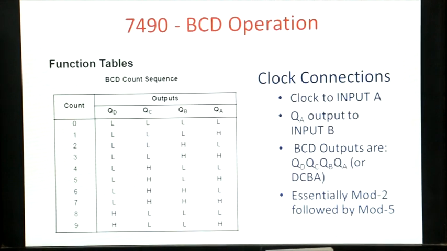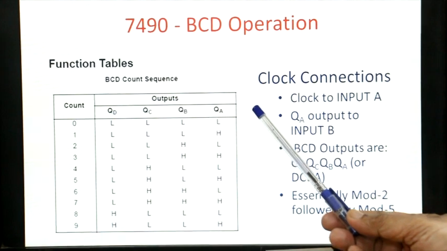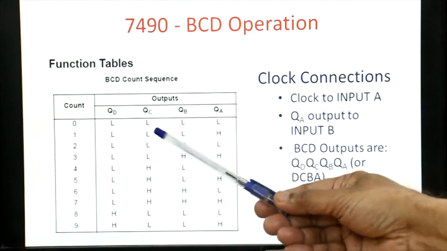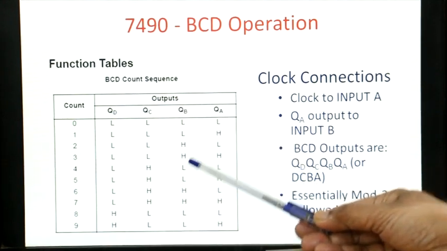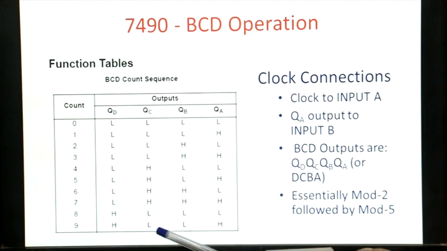Now let's see the first operation, which is the 7490 BCD operation. On the extreme left side, it shows all the clock counts going from 0 to 9, and the corresponding QD, QC, QB and QA. You can see that it goes from all zeros to 1001, which is 9.